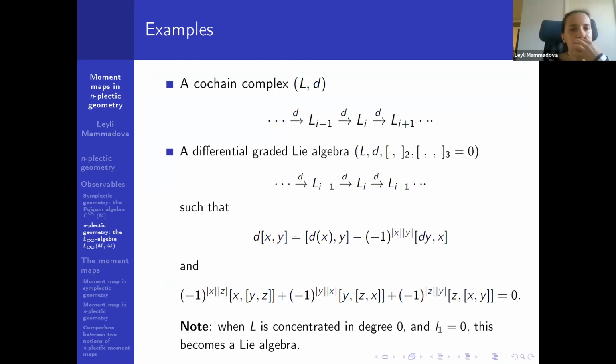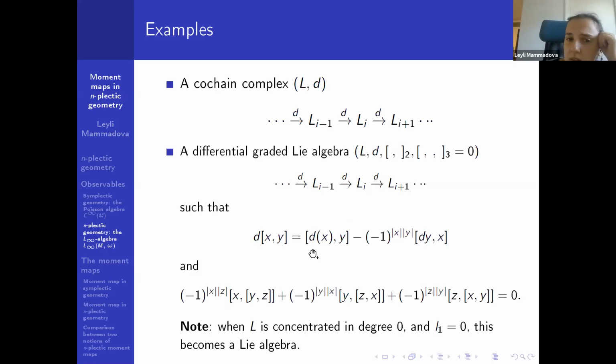So let's give examples. What are the familiar examples of L-infinity algebras? It turns out that these are very nice familiar objects. For example, a cochain complex, because we already saw that the first map is a differential. And a second example, a bit more involved, a differential graded Lie algebra. This happens if we take just a differential, the second multi-bracket, and we take the third multi-bracket to be 0.